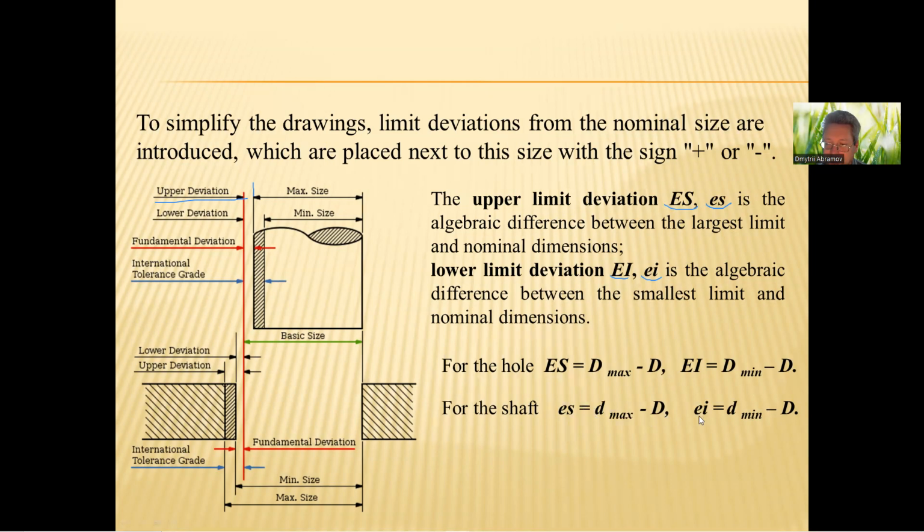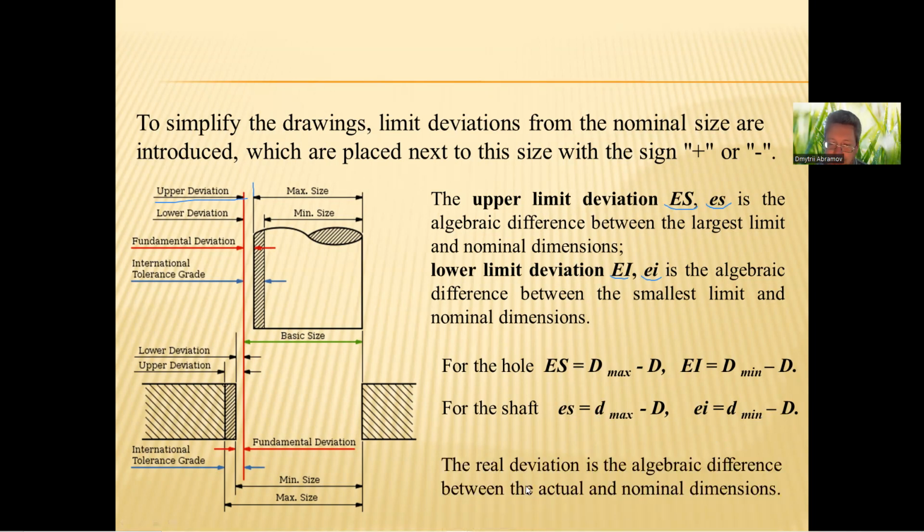Small ei is equal to small d suffix minimum minus nominal diameter of the shaft. The real deviation is the algebraic difference between the actual and nominal dimensions.